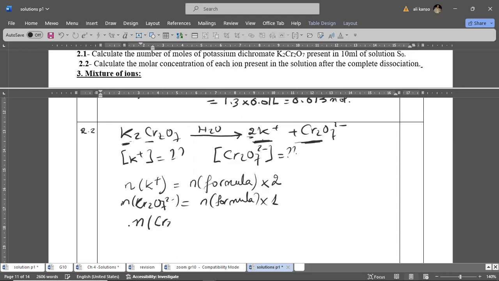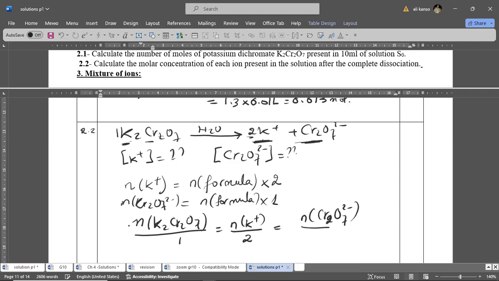N of the formula unit, which is K2Cr2O7 divided by 1, divided by its coefficient, is equal to N of the cation K+ divided by its coefficient, which is 2, is equal to N of Cr2O7 2- divided by 1.